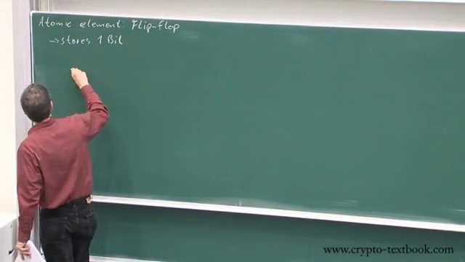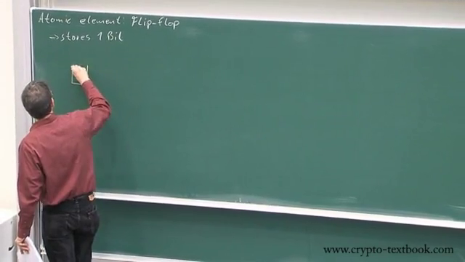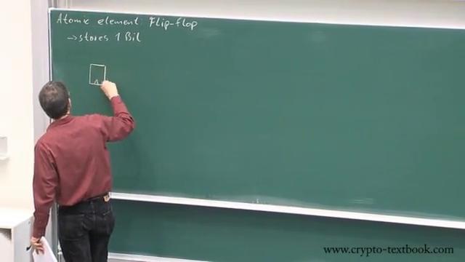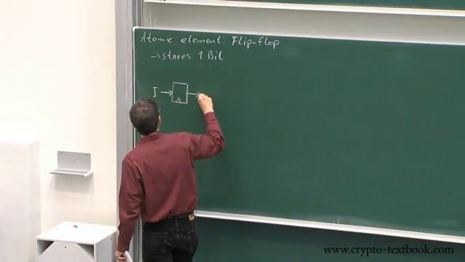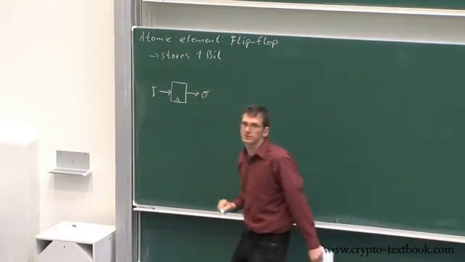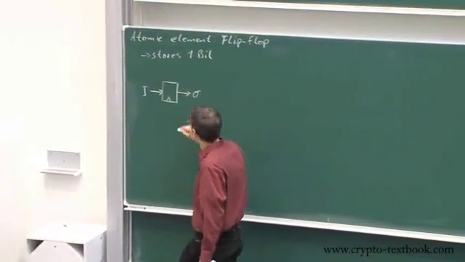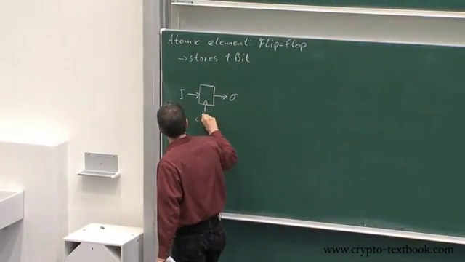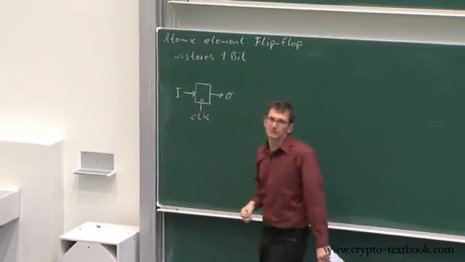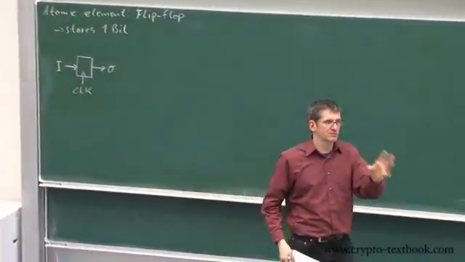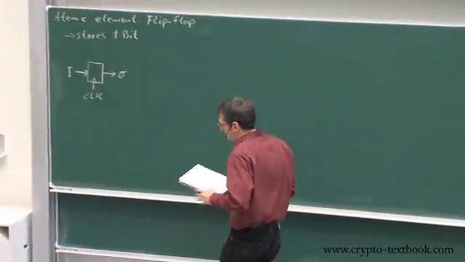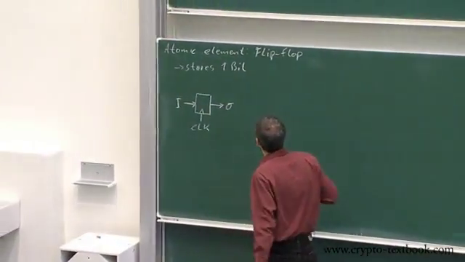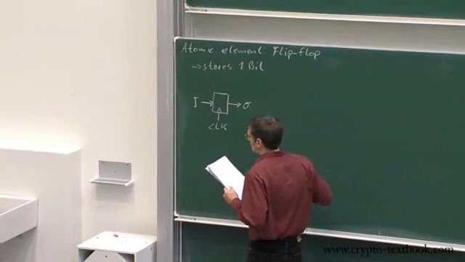The symbol is something like that. You have an input, 1 bit input, 1 bit output, here, input, output. And then you have a clock input, okay? And the clock input kind of determines when a bit is to be stored or not. Okay, now we're getting a little bit more EE-ish, electrical engineer-ish.